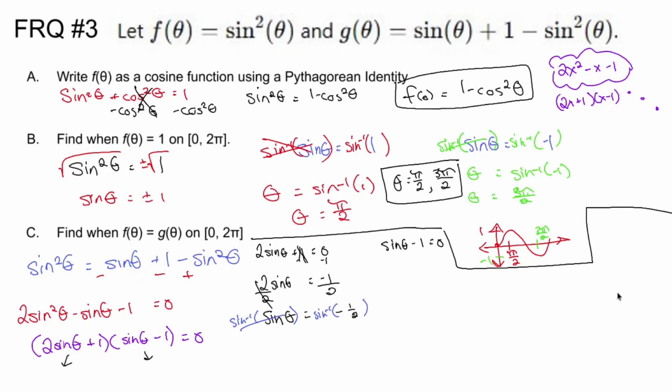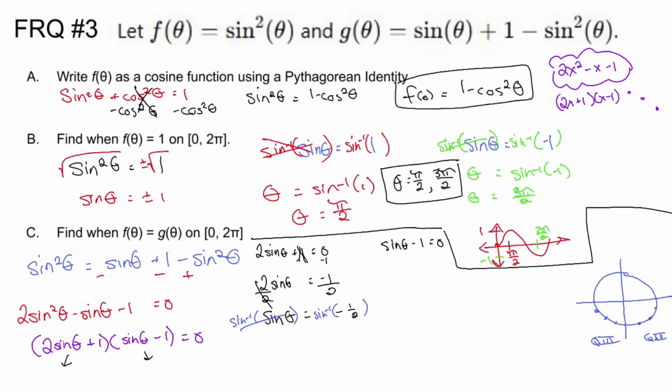And now my job is to make a unit circle over here and find out what happens when the y value is negative 1/2. If a y value is negative 1/2, that's going to happen in quadrant 3 and quadrant 4. Again, this is the y value. You have your dots here and your dots here.